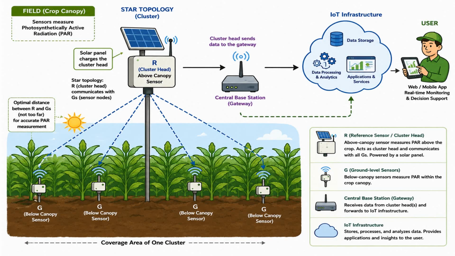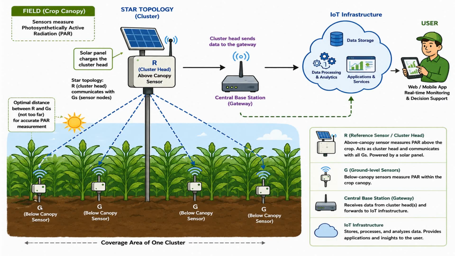Now in the crop field, as you know, two types of sensors are deployed: you have the reference sensor and you have the ground level sensor. The reference sensor is placed above the crop canopy and it acts as a cluster head. Okay, here the cluster head is placed above the crop canopy.